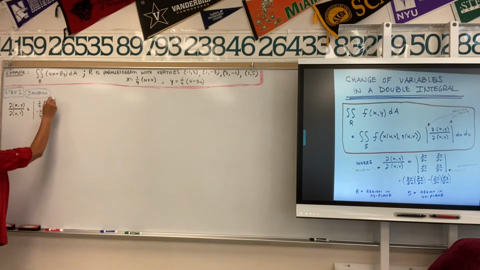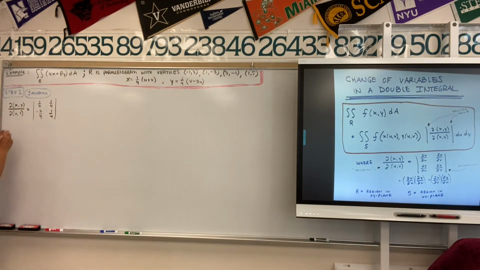When I compute my determinant, I'm going to have the 1/4 times the 1/4, minus the 1/4 times the -3/4. So this times this minus this times this. It gives me 1/16 minus a negative, so plus 3/16. So that's going to be 4/16, which is 1/4. So there's my Jacobian.